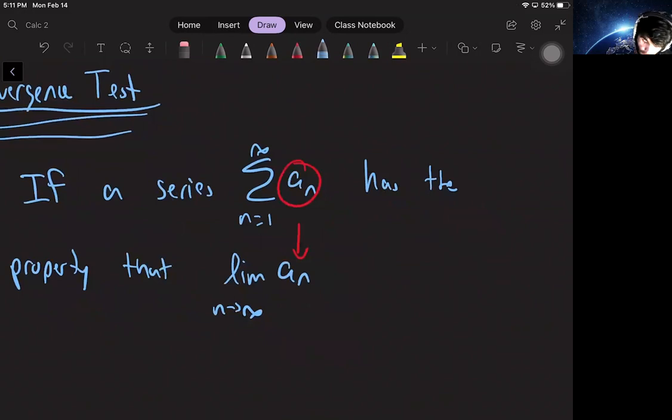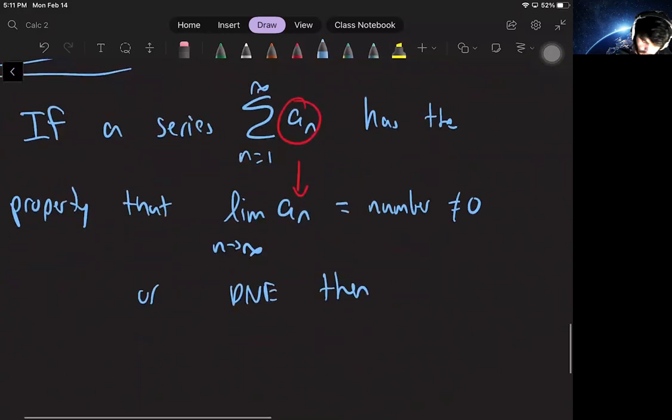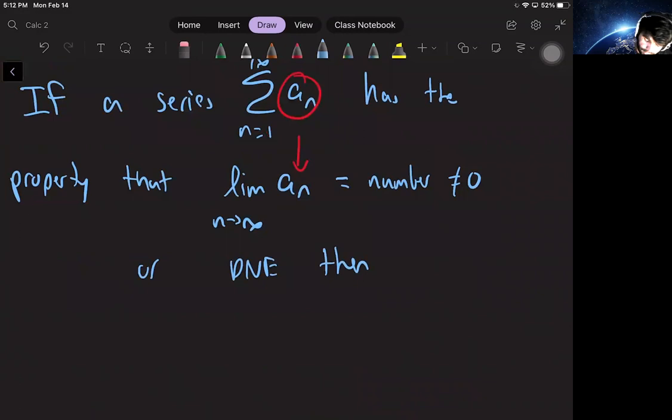And if it equals a number besides 0, or if it doesn't exist, then you can immediately say that the series diverges.